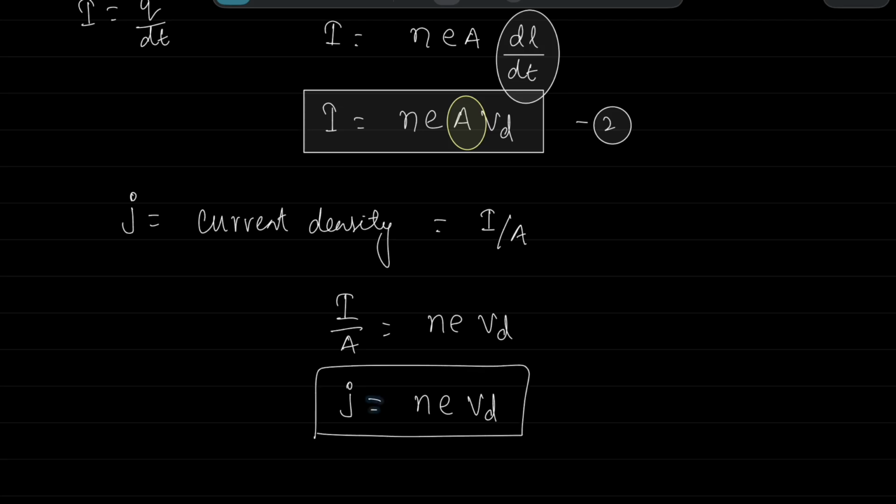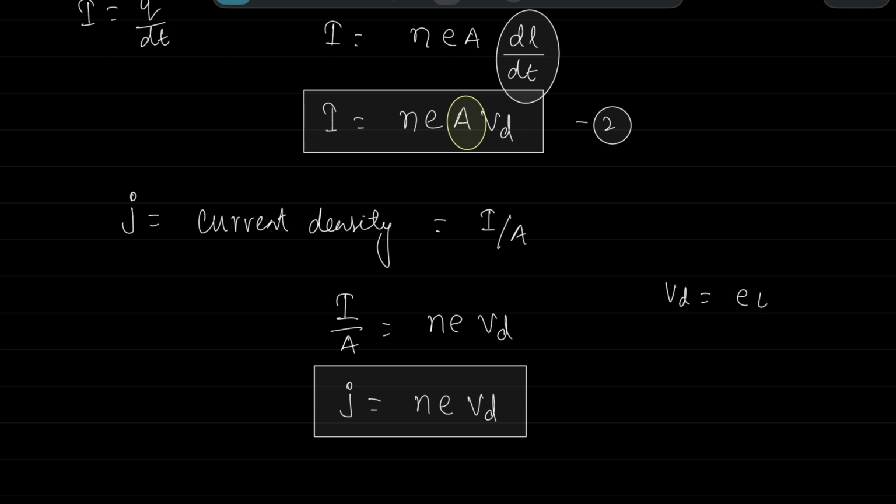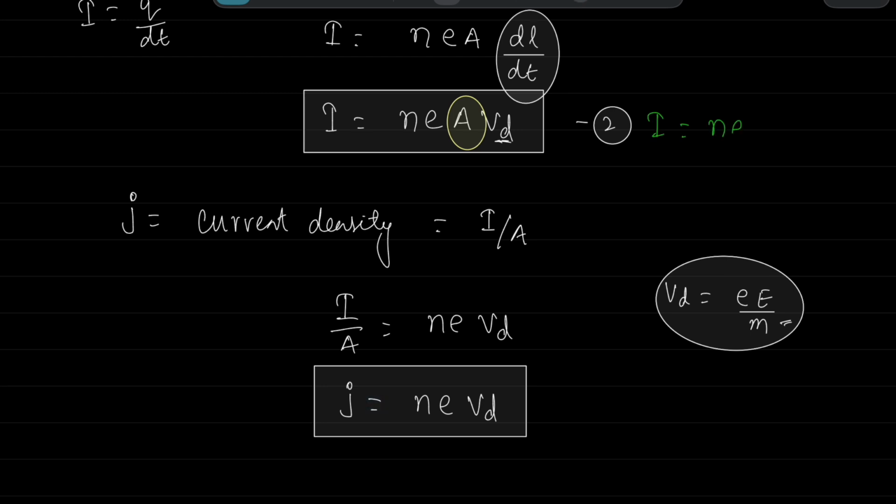This you can also write in terms of electric field. We know that Vd is equal to small e capital E by m. So in place of this Vd, we can substitute this formula. So I is equal to n into e into small e capital E by m.